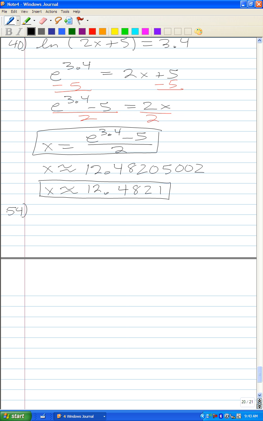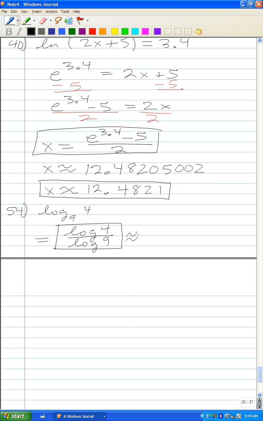Approximate each logarithm to 4 decimal places. Log base 9 of 4. By the change of base formula, this is the same as log, I'll use base 10, of 4 over log of 9. So that's the exact answer.